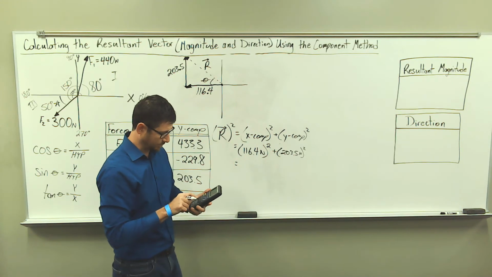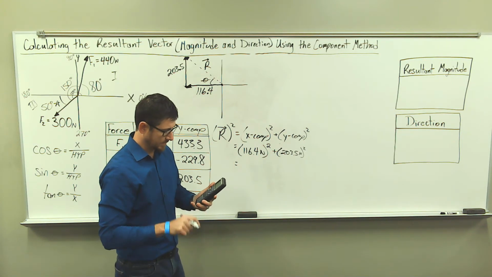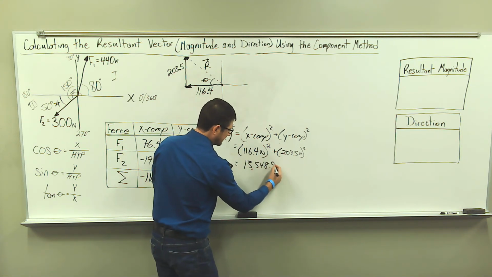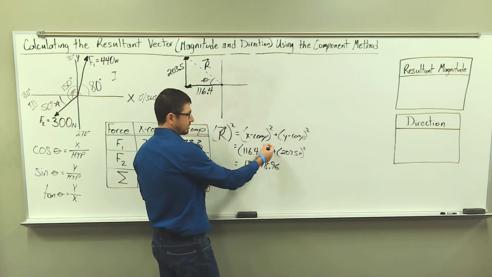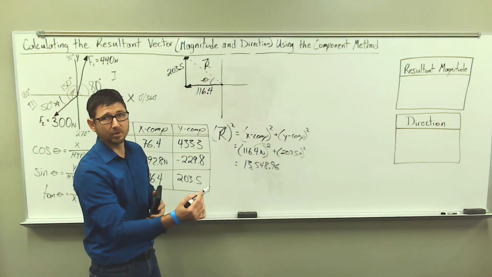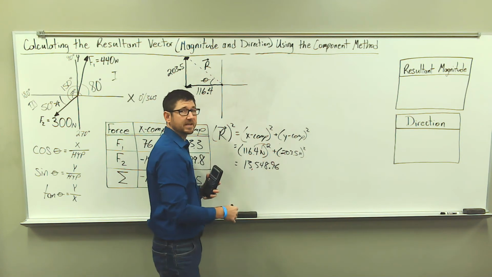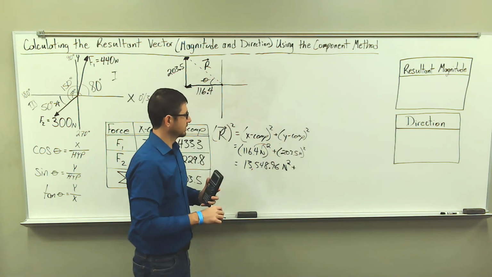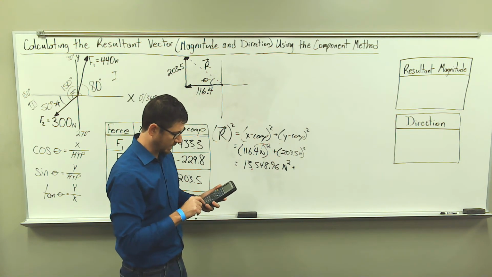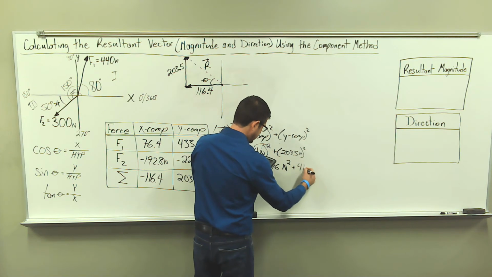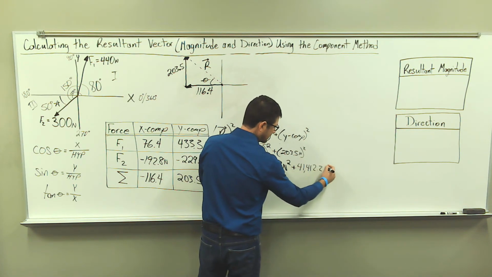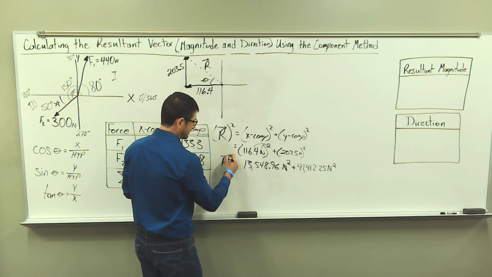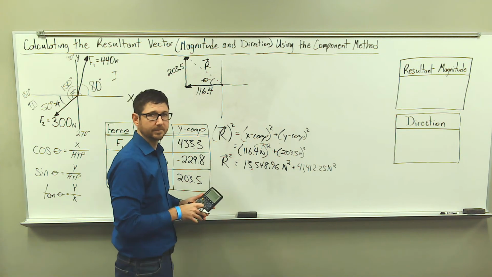So 116.4 squared is equal to 13,548.96. And remember, right here, not only are we squaring the numerical value, we're squaring the unit value. So I have units of newtons squared plus 203.5 squared. I have 41,412.25 newtons squared. And right here, we have our resultant squared.